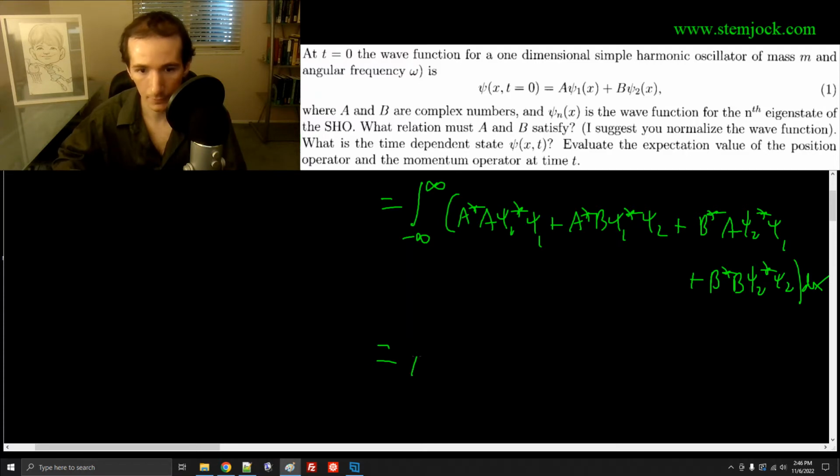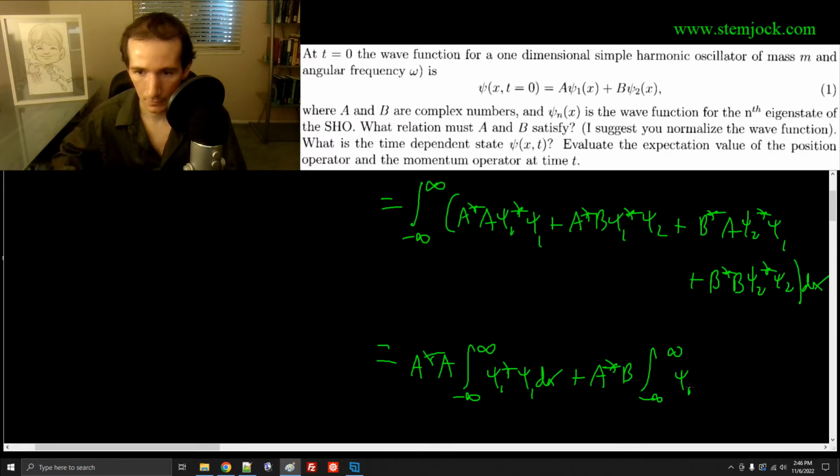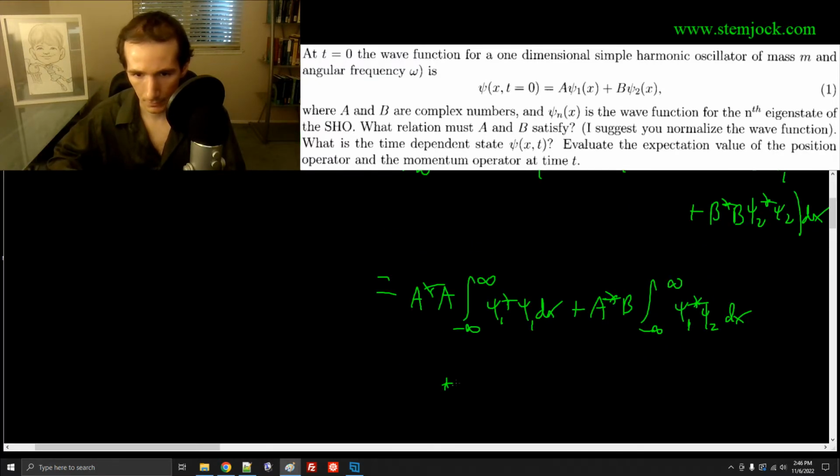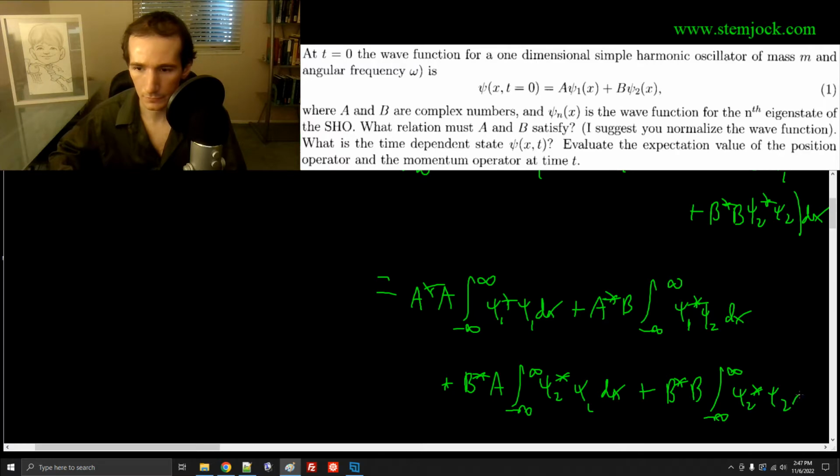So for the first one here, we have a star a times the integral of psi 1 star psi 1 dx plus a star b integral psi 1 star psi 2 dx and plus b star a integral, that is psi 2 star psi 1 dx plus b star b integral psi 2 star psi 2 dx.